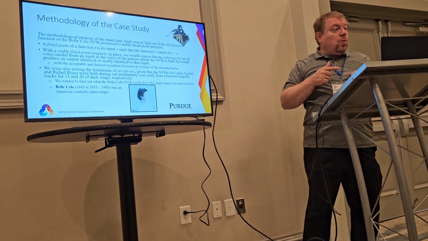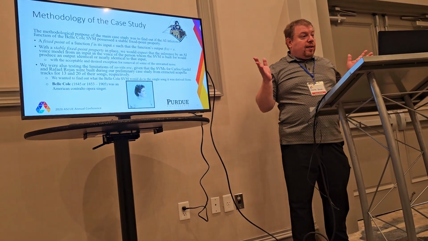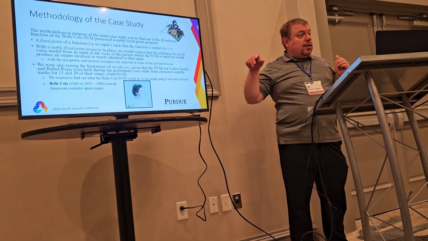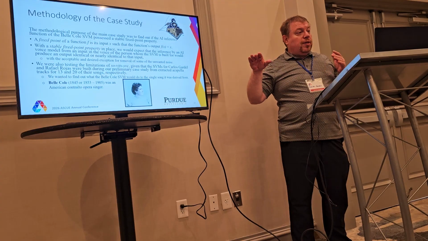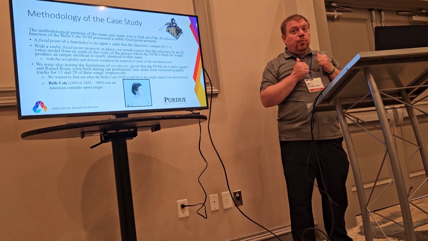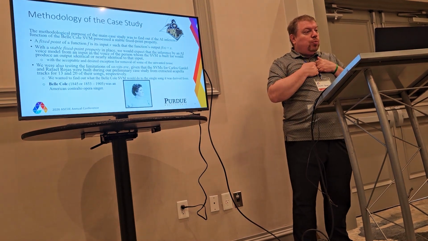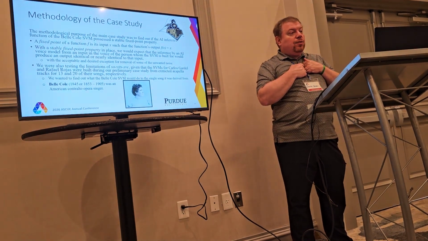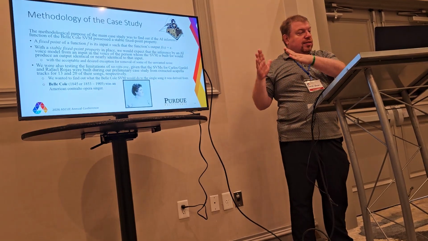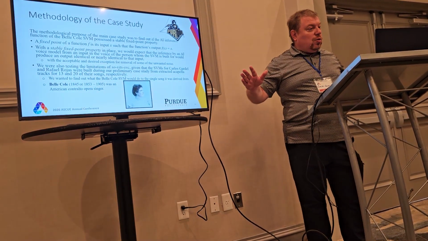And what we want is the stable fixed point property, where the inference by AI voice model from an input in the voice of the person for whom we built the SVM would ideally produce an output identical or nearly identical to that input, with the possible and acceptable and maybe desired exception for removal of some of the unwanted noise.